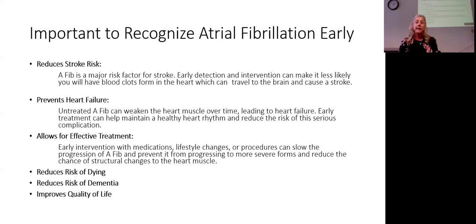If you know early, you can prevent having heart failure, because there are certain medicines that will reduce some of the structural changes in the heart muscle that cause heart failure. It allows for effective treatment, reduces your risk of dying, reduces your risk of dementia, and improves your quality of life so that you can go on and do things that you enjoy and feel pretty good doing them.